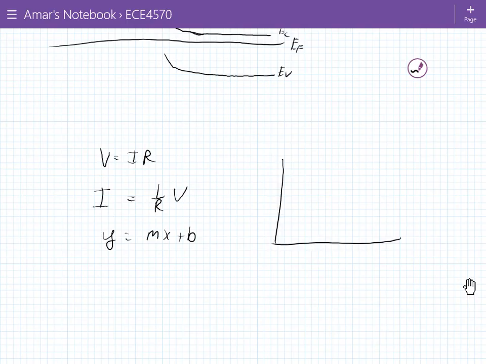The slope of the line, if we're plotting current versus voltage, is equal to 1 over the resistance. So the line which has a steeper slope has less resistance. A larger slope will have less resistance.